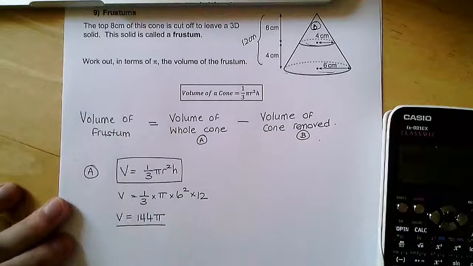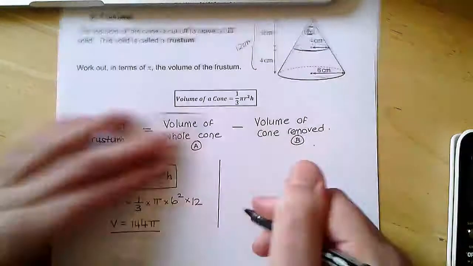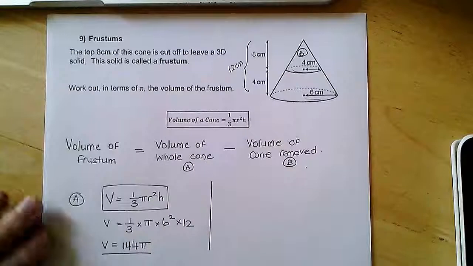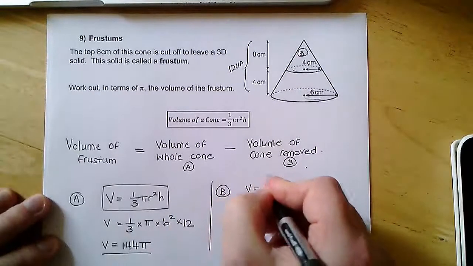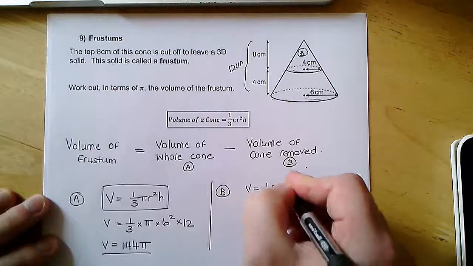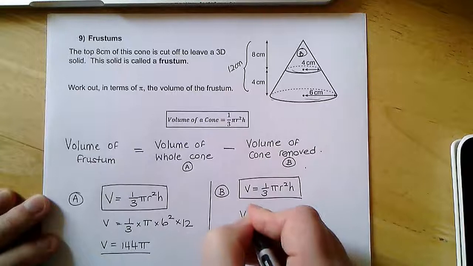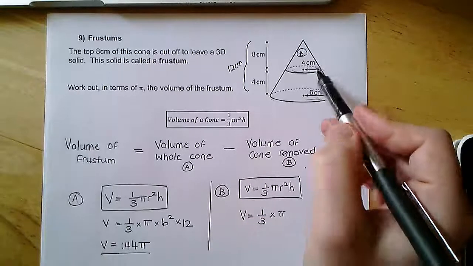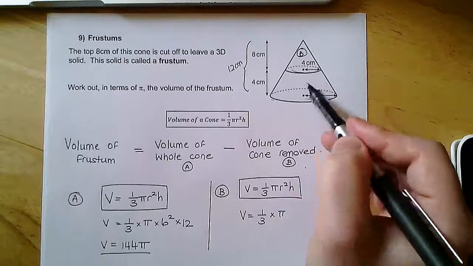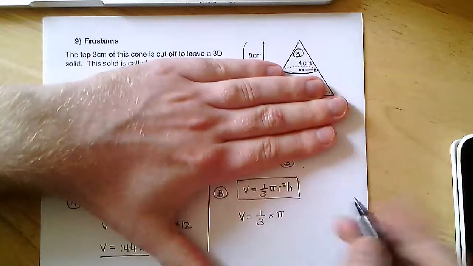Now if we work out the volume of just the little cone, very similar, volume a third pi r squared h. Now in this case the radius of just this bit, so imagine the bottom bit isn't there, is 4.